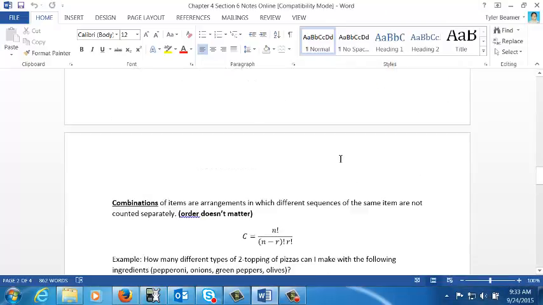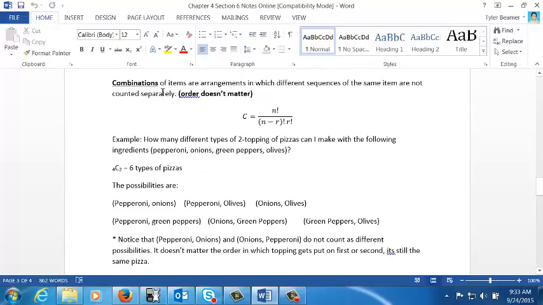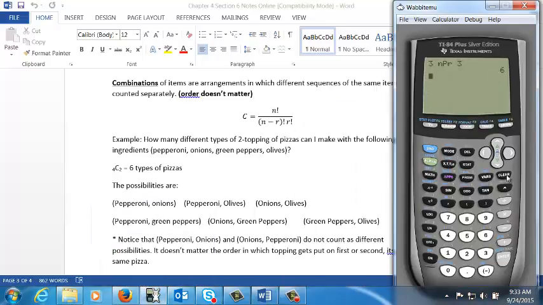Your calculator will also do combinations for you. Combinations are arrangements of items in which the order does not matter. This is one example of pizza toppings. Having a pizza with pepperoni and onions, and then a pizza with onions and pepperoni, it's the same pizza. It doesn't matter which topping gets put on first, so the order doesn't matter. Once again, your calculator will do this for you.